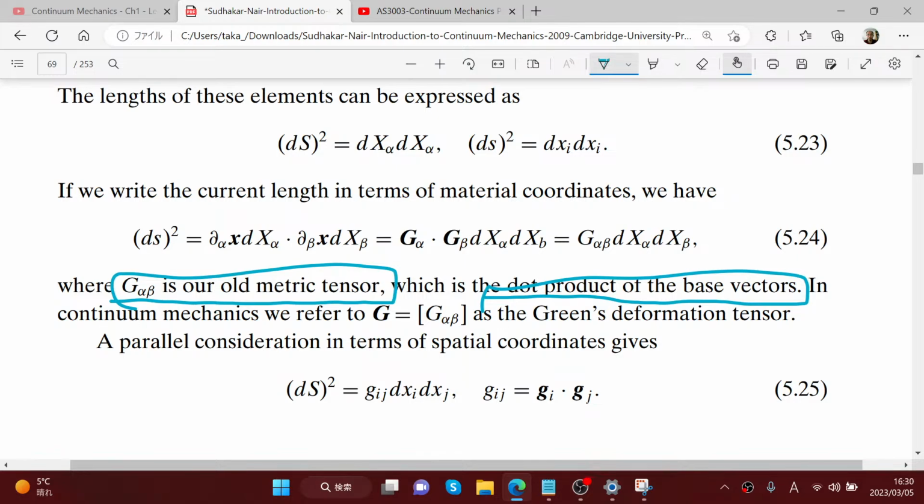In continuum mechanics, we refer to G as the Green deformation tensor.